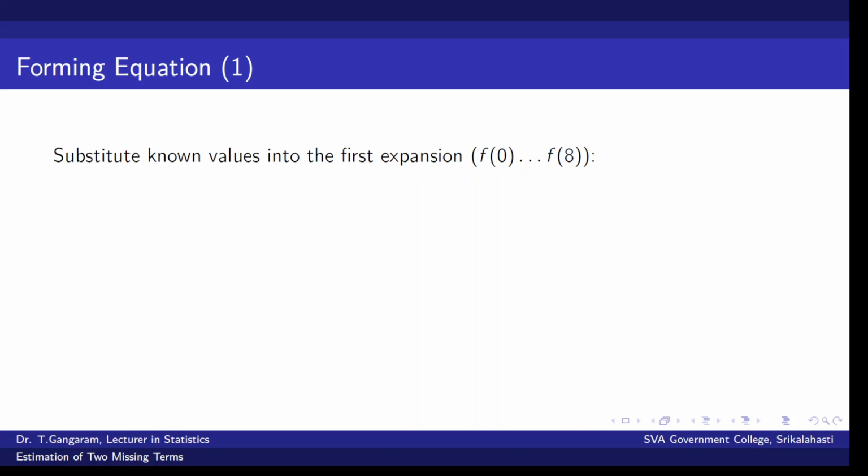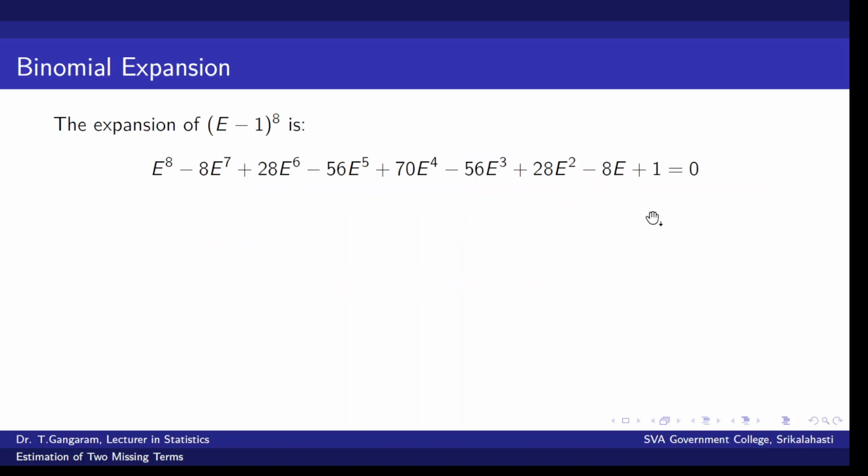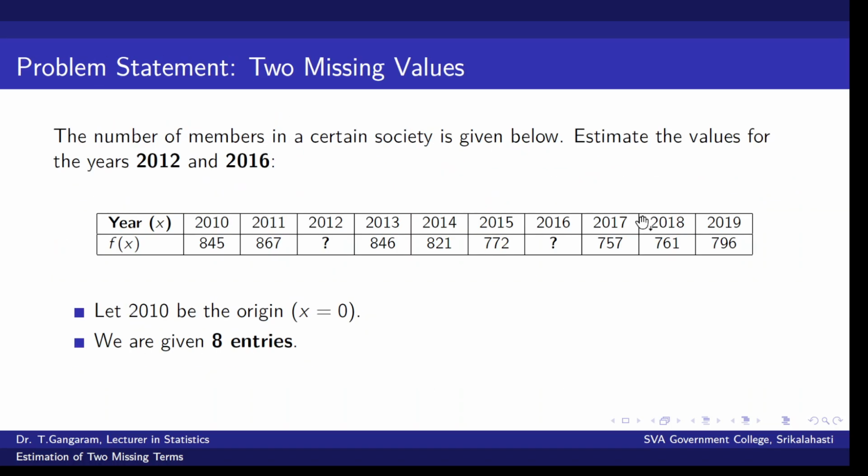Substitute the known values into the expressions f of 0 to f of 8. Here we assume the given values, f of 0 is equal to 845, f of 1 is equal to 867, like that.